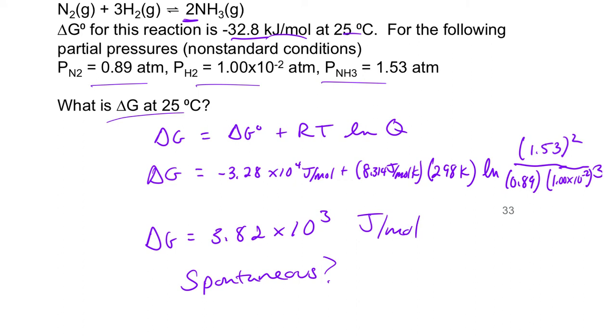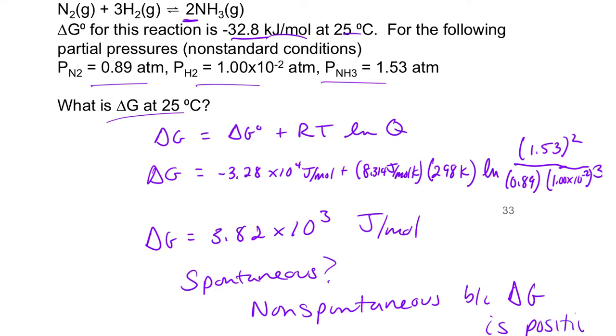Delta G is positive, so the reaction is non-spontaneous. Only those reactions with a negative delta G are spontaneous as written. If we reverse this reaction, we take ammonia, and it decomposes into nitrogen and hydrogen, that's a spontaneous reaction.